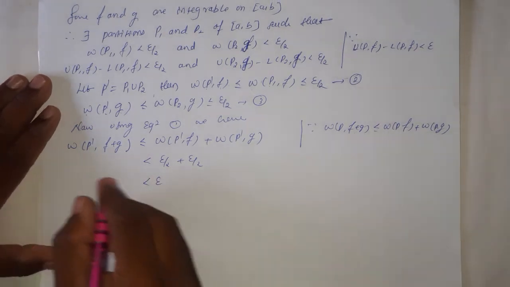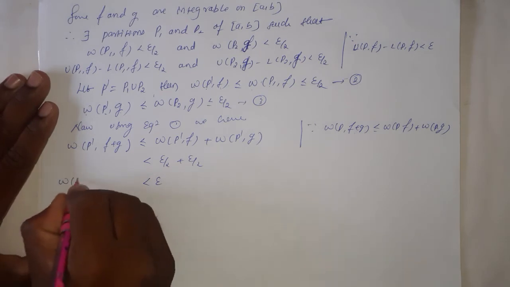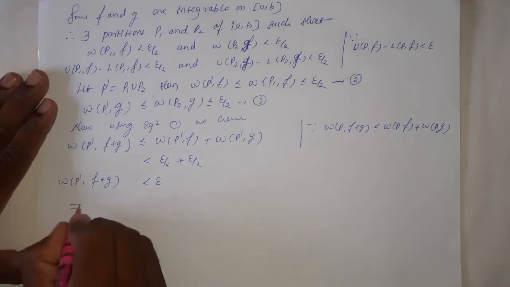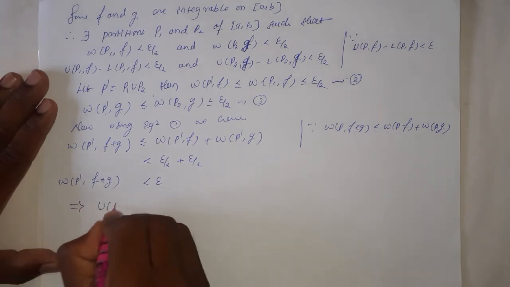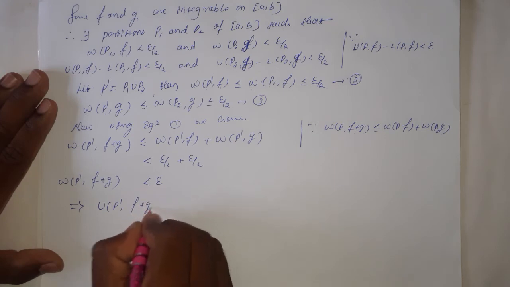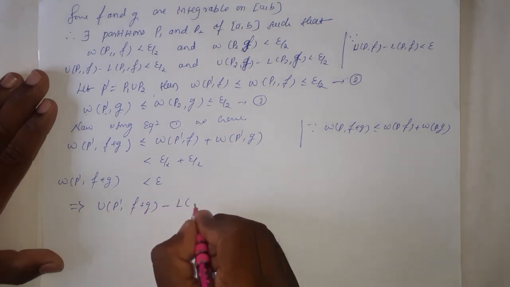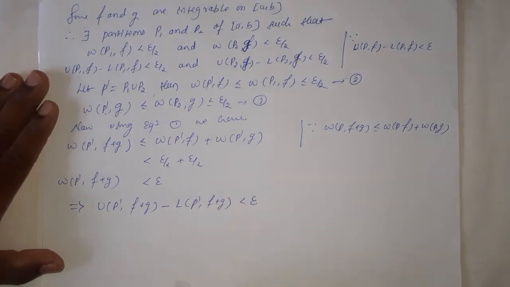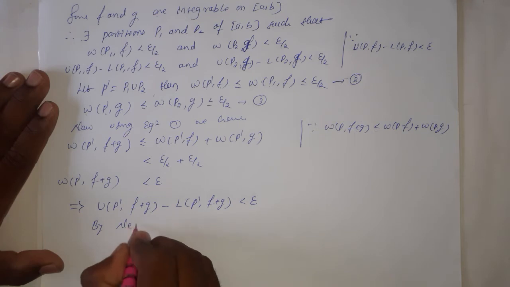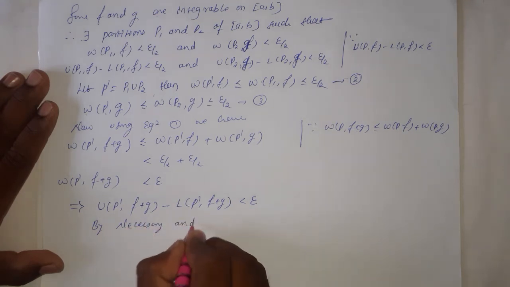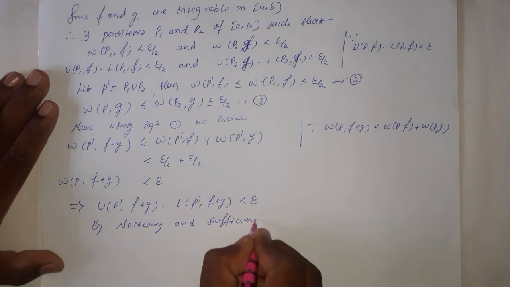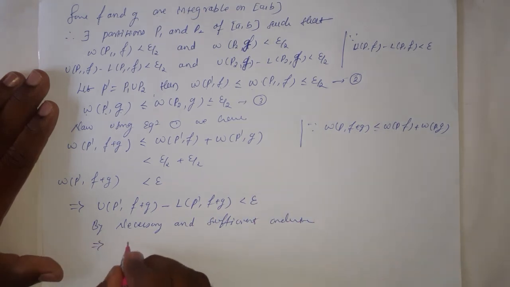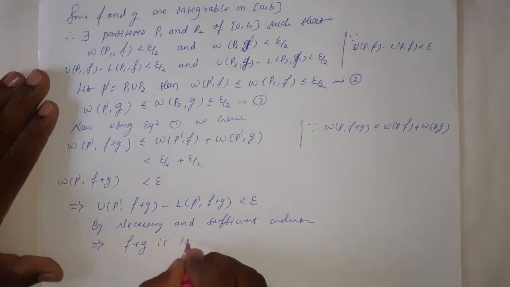Now this is nothing but w(P', f plus g) is less than epsilon, and we can write this as upper Riemann sum of the partition of f plus g minus lower Riemann sum of the function f plus g is less than epsilon, and by the necessary and sufficient condition it implies f plus g is integrable.